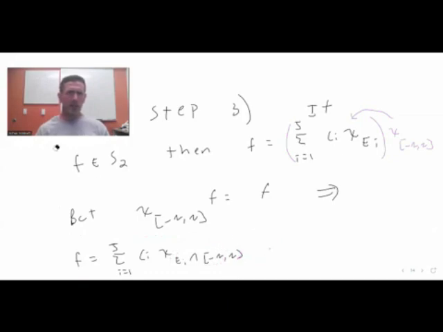So let's write this as the sum for i equals 1 to j of c_i times the characteristic function of E_i tilde.